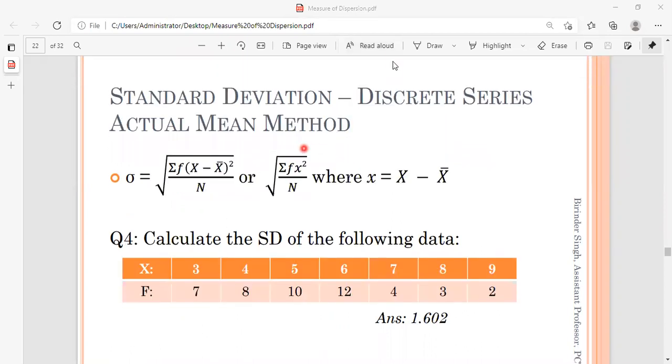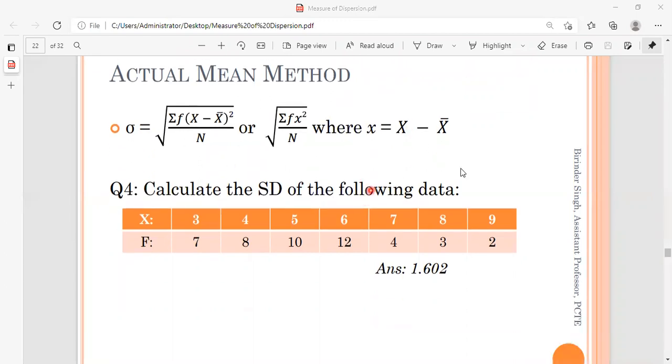Okay, so this is the case of the discrete frequency distribution. Here, at least one data point has come more than once. So if the data set has at least one data point with more than one occurrence, then this is called the discrete frequency distribution.